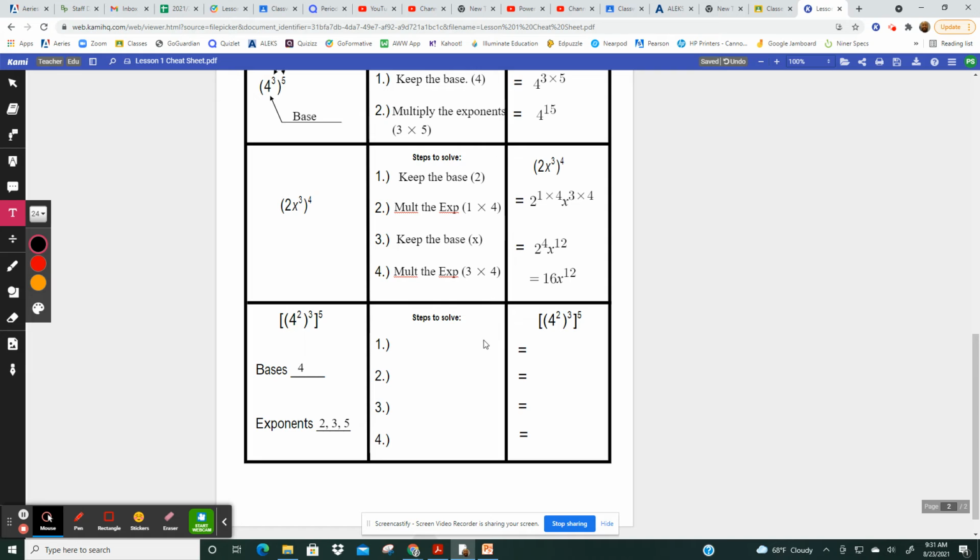I'm not going to expect you guys to simplify it once we're done with the exponents, because it's going to be a big exponent. 4 to that power is going to be too big. So let's keep the base, and of course the base is 4.